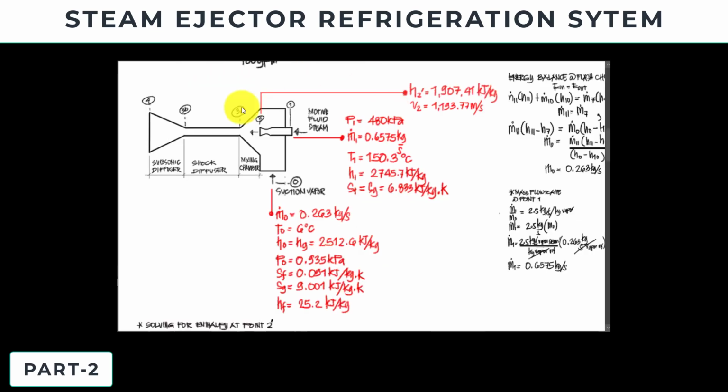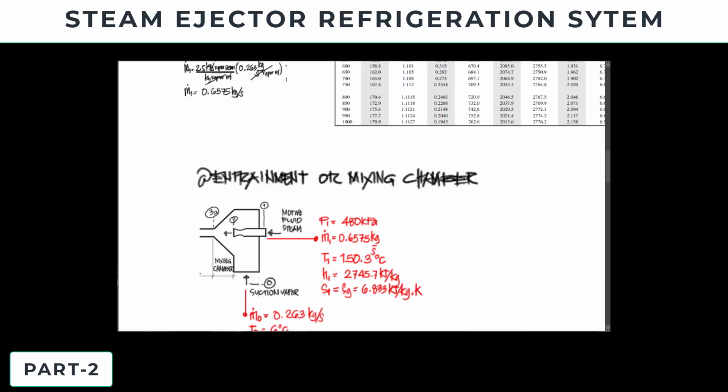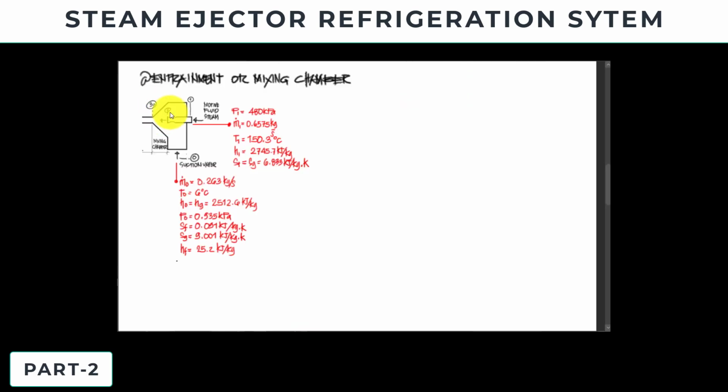Now I included it in our diagram so that we have a guide for the properties that we have gathered and calculated. Now at the entrainment or the mixing chamber, we'll be conducting an energy balance. Regarding the point 2 here, we will only be considering point 1, 3A, and point O. So you have to disregard point 2.